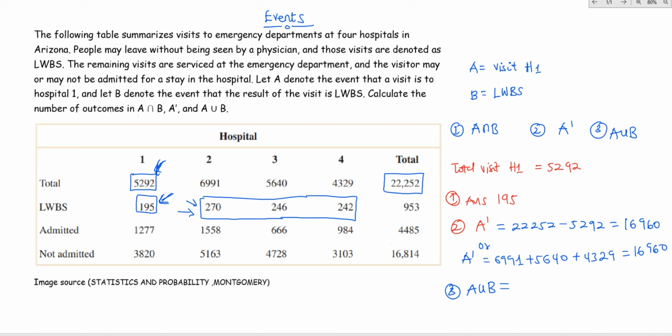So the total is 5,292 plus 270 plus 246 plus 242, which gives a value of 6,050 people. That is the number of people who visited hospital one, and the people that were not attended to at all in the other hospitals.